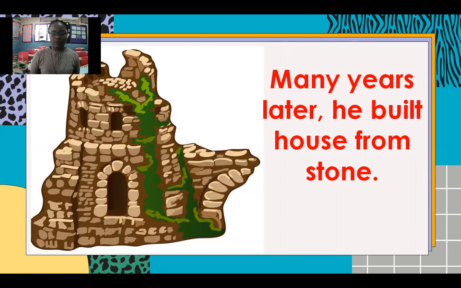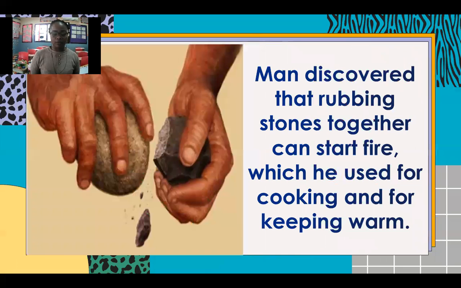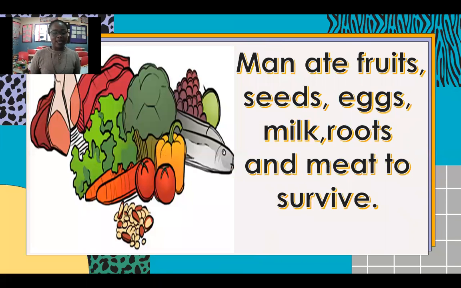Many years later, he built houses from stone. Man discovered that rubbing stones together can start a fire, which he used for cooking and for keeping warm. Man ate fruits, seeds, eggs, milk, roots, and meat to survive.